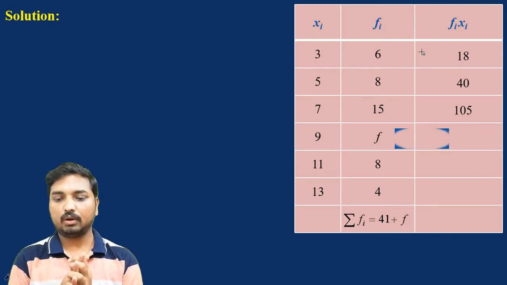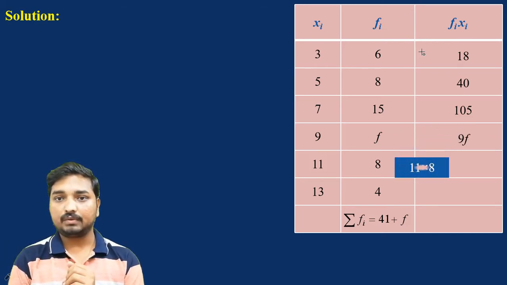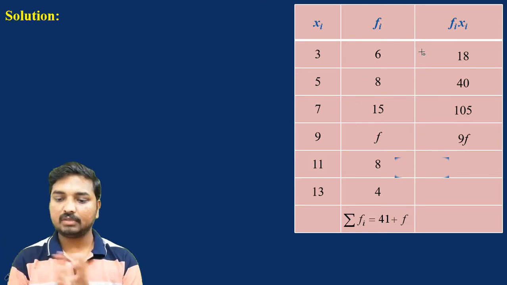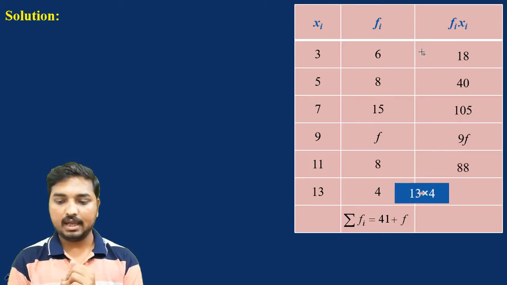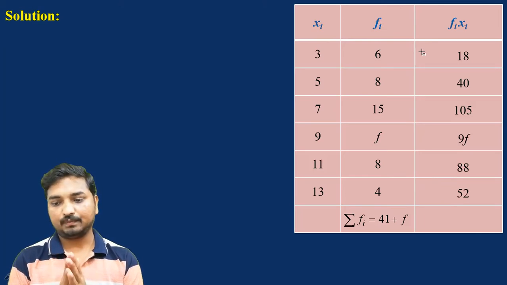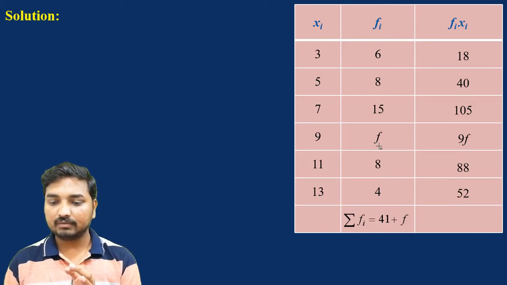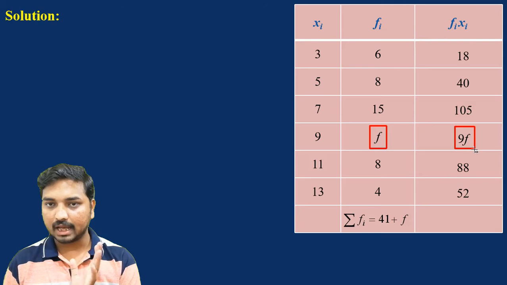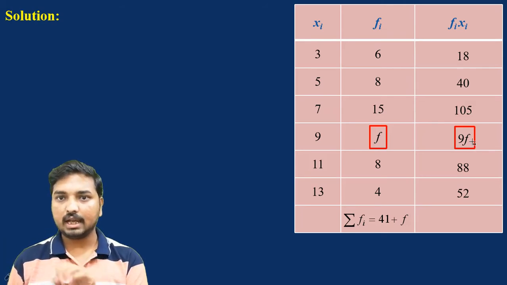The fourth one, 9 into f, it is very important, it will become 9f. 11 into 8 is 88. And 13 into 4 is 52. Remember, if there is an f, meaning unknown, then 9 into f will become 9f. You need to write it down like this.